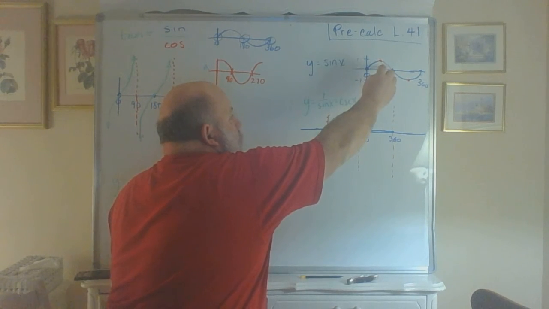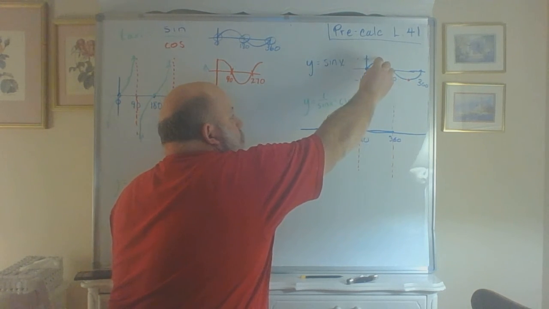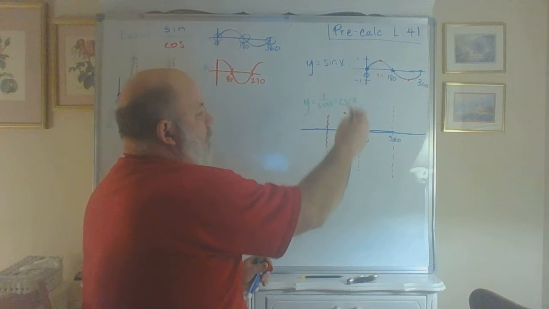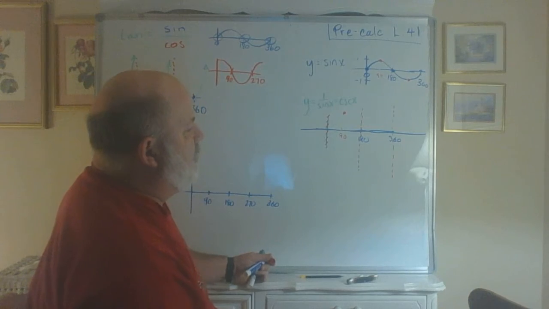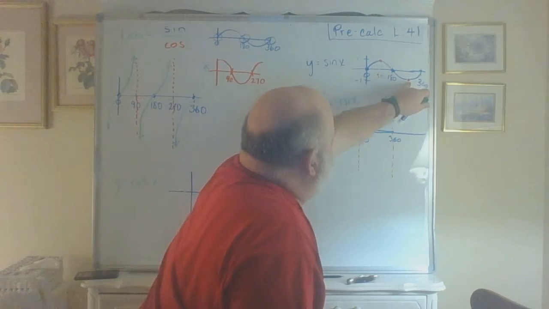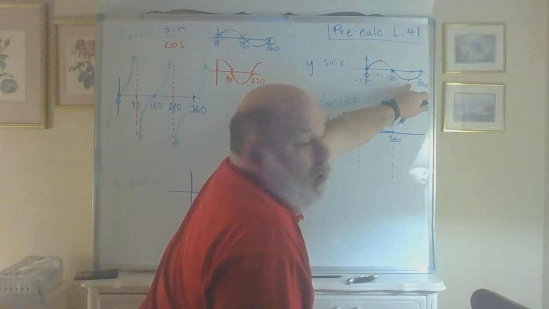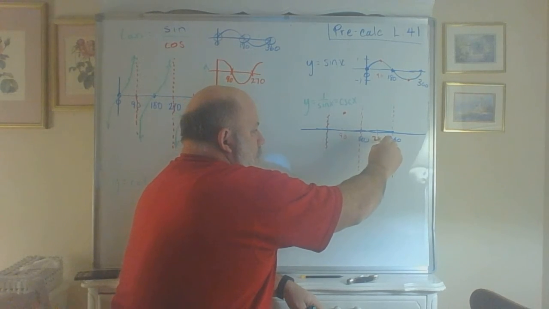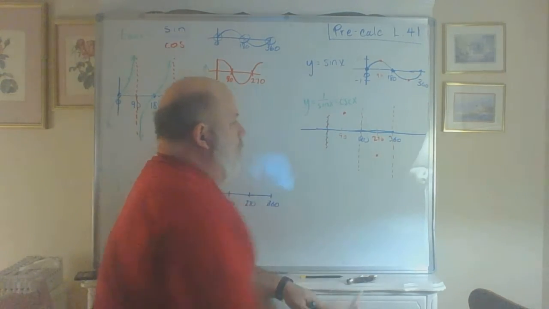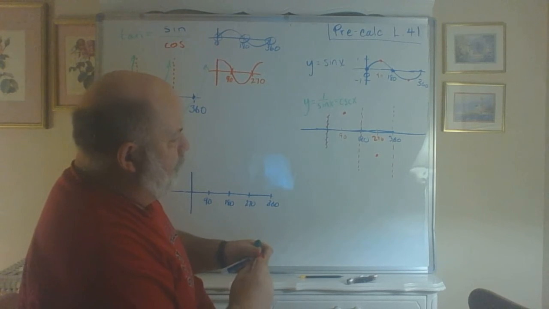This is going through 90, x is 90, y is 1. It will pass through that also. Right here at x is 270, y equals -1. At this 270 right here, there will be a -1. And it goes like that.